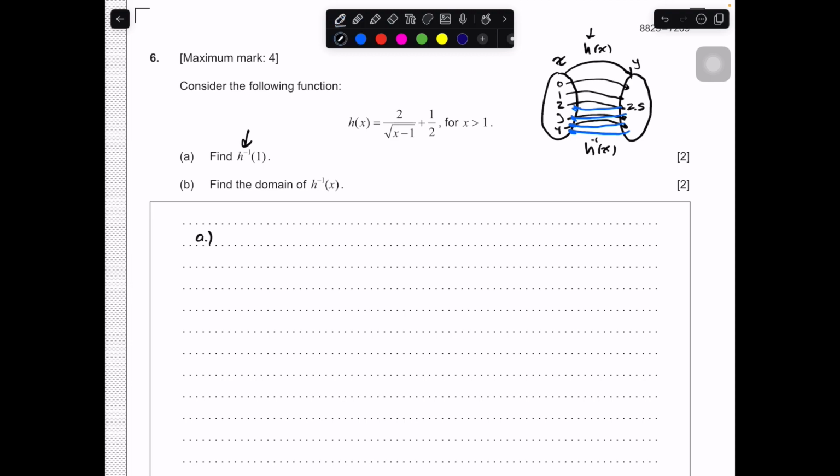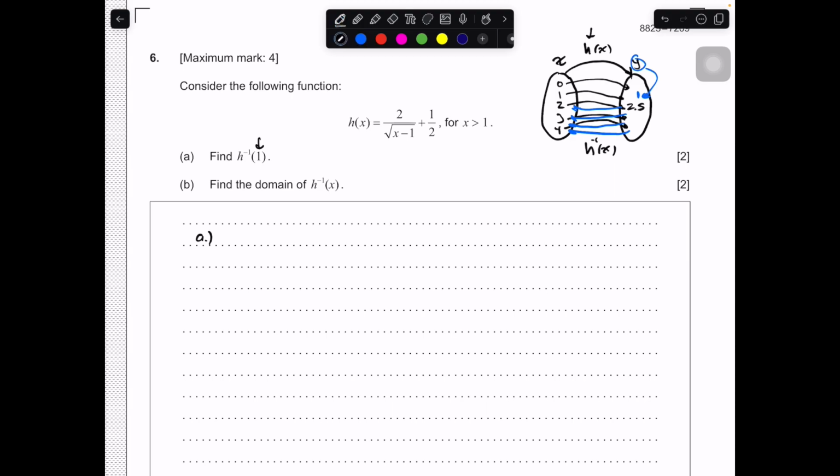So this h inverse of 1, what they're saying is, if the output of our function was 1, what was the input? So here we know that the output in this case is 1. That is to say, the y value is 1. What was our input?